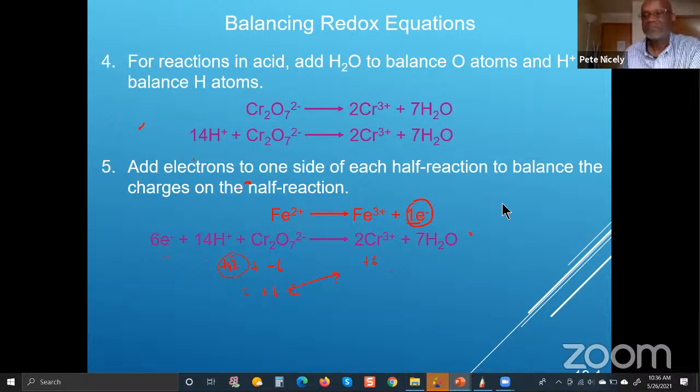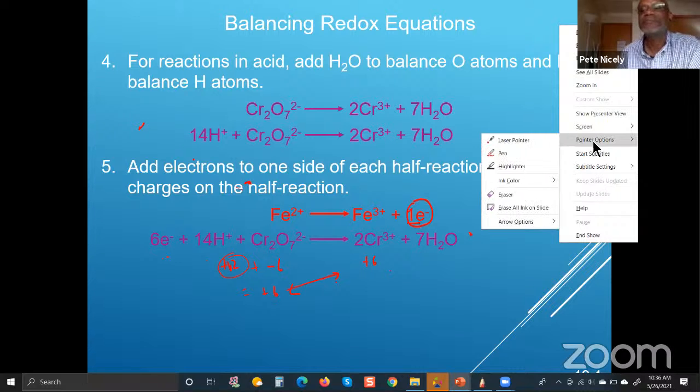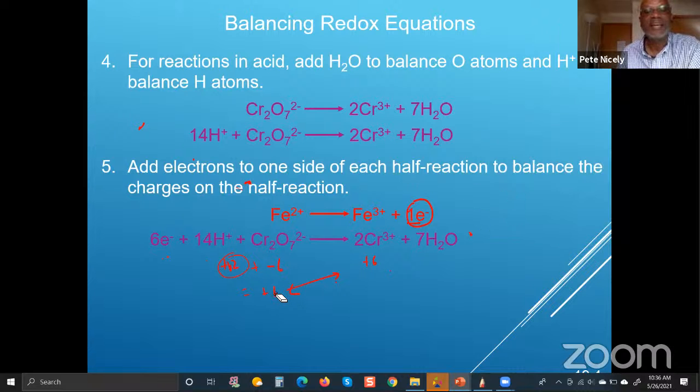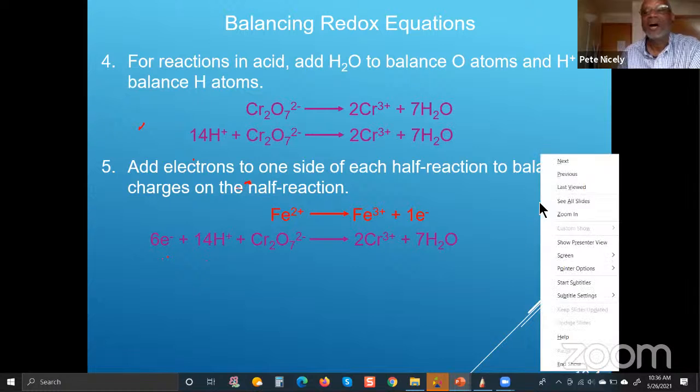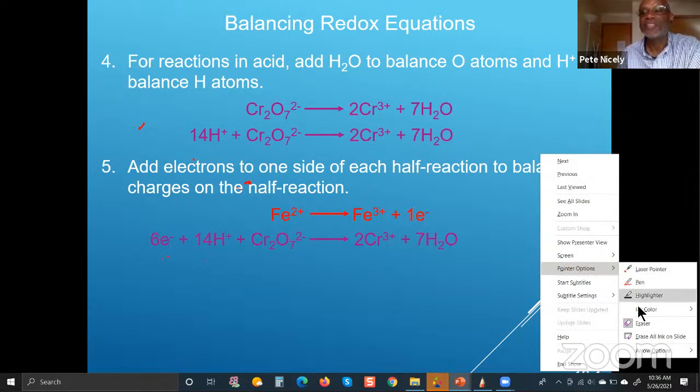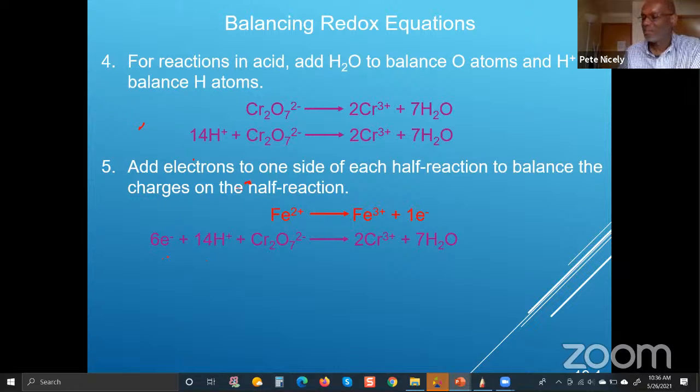So we're not finished yet, believe it or not, because the next step involves something that we talked about earlier. If you recall, I said that in any redox reaction, the number of electrons lost and gained must be the same. Now, if you look at these two half equations, you'll see that the number of electrons lost here is 1, and the number of electrons gained here is 6.